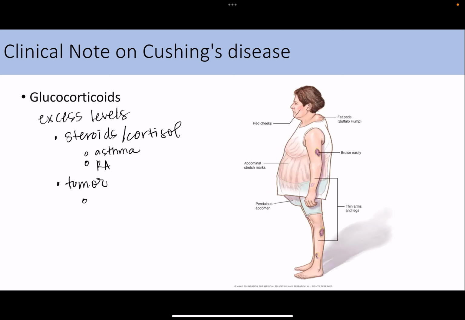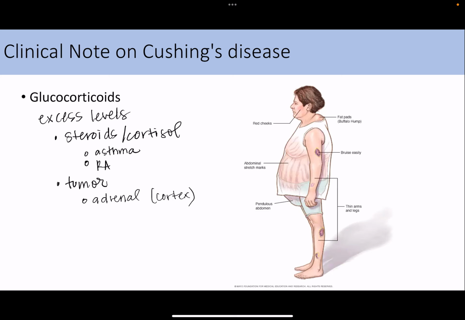which is the gland that releases cortisol? Adrenal cortex. If you have a tumor on the adrenal gland, specifically at the cortex, it may release excess amounts of cortisol. What do we call that when we have a tumor on a gland and it retains its ability to secrete the hormone? Secreting tumor.